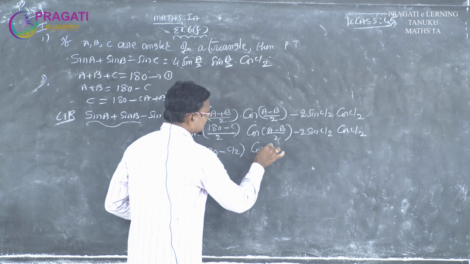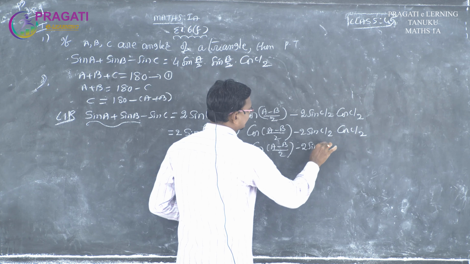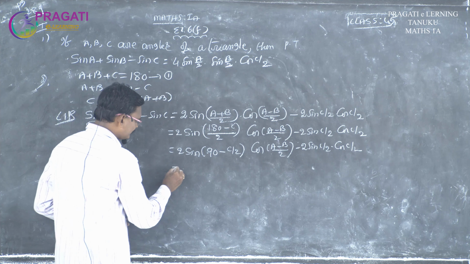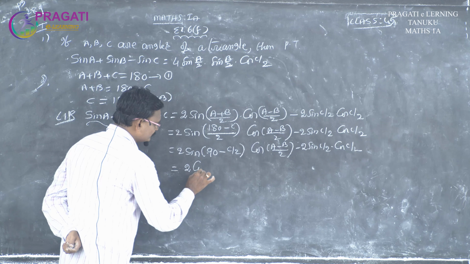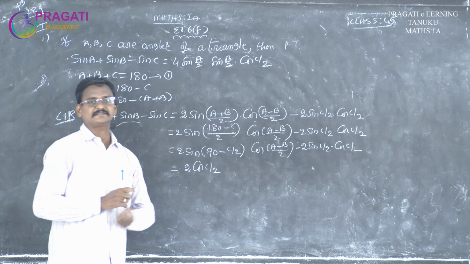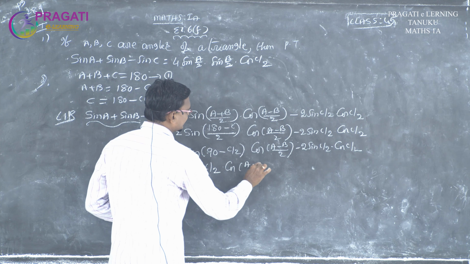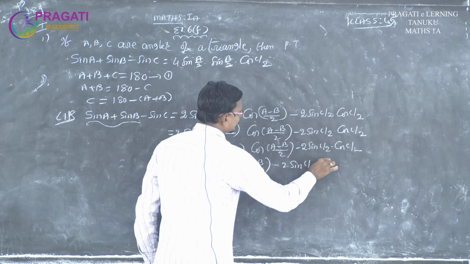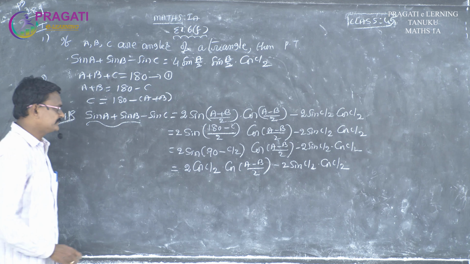And the next one is cos((A−B)/2) minus 2 sin C/2 cos C/2. Now this is a 90, and with 90 the function will be changed: it becomes 2 cos C/2, and the sign is plus. Do you know already? Because 90 minus theta means the first quadrant. Now we can take a common factor from this step.